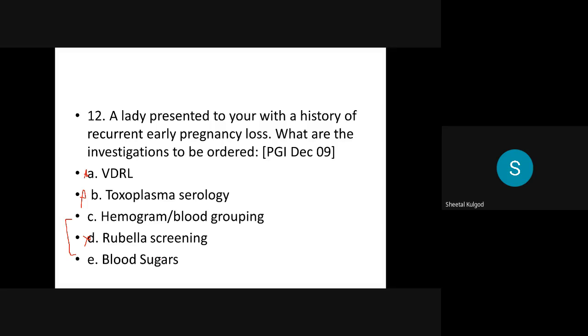And you all should remember, well-controlled diabetes mellitus does not usually lead to recurrent abortions. Whereas hemogram and blood grouping will give you more information about the cause for the recurrent pregnancy losses, and in such cases we need to do a hemogram and a blood group. So this is the answer for this question.